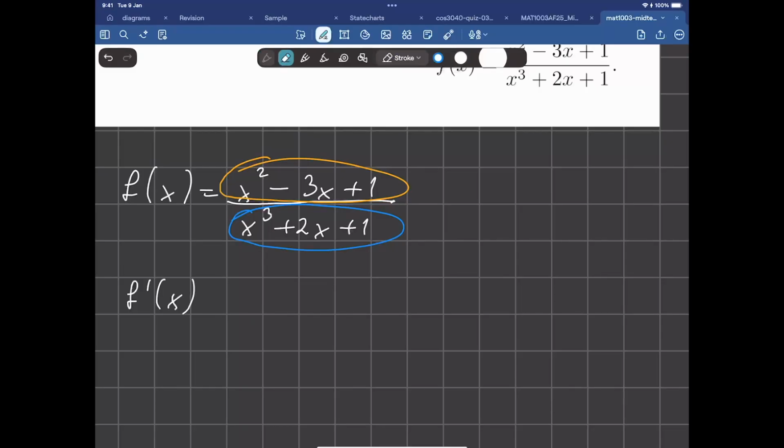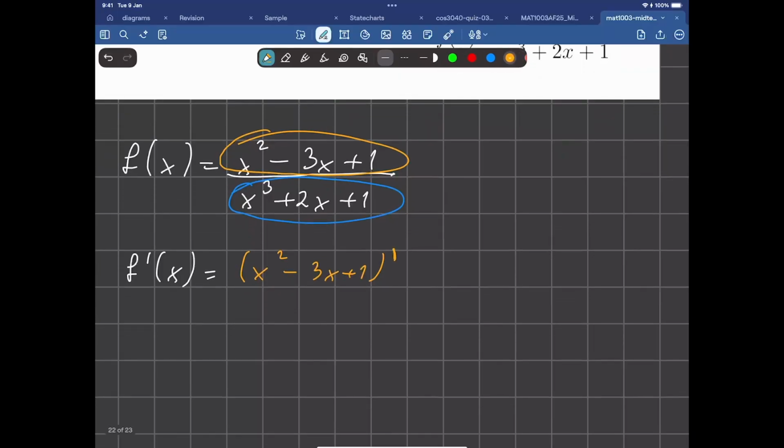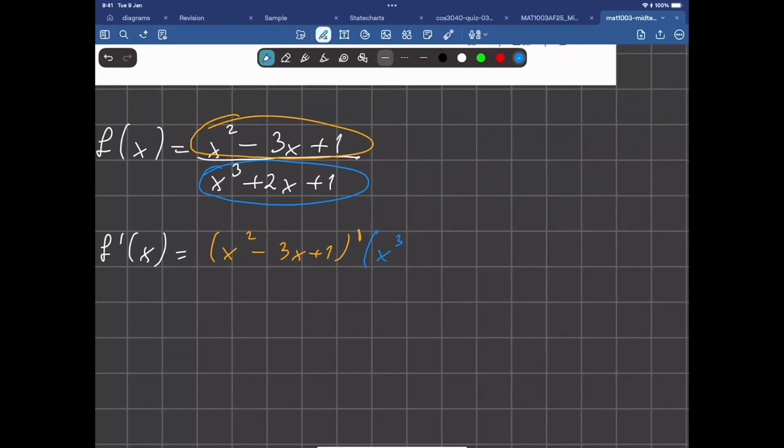I start with the derivative of the yellow expression. Let me just write equals. That's the derivative of the yellow expression. You know how the prime means derivative. Times just the regular blue expression. So the first time, you start with the derivative of the top times the regular bottom expression.